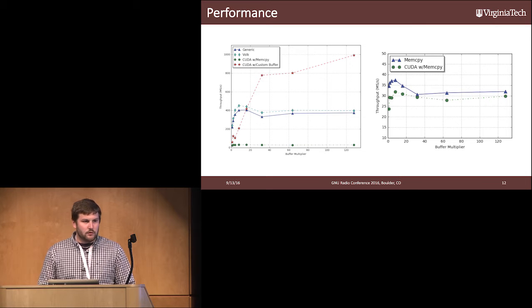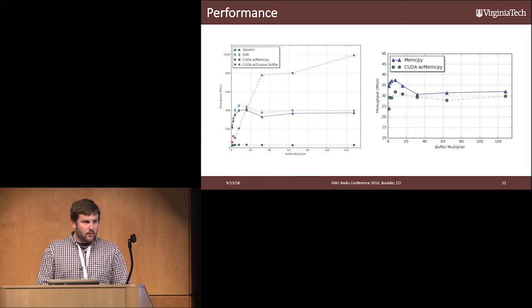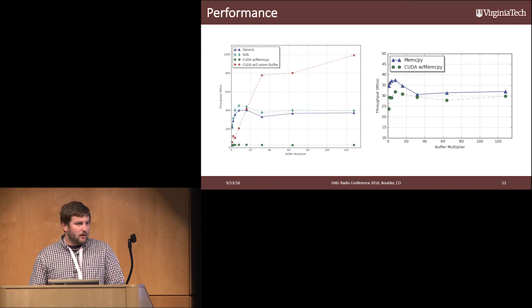In this situation, you're dealing with a very small buffer size, which means you have a much higher number of kernel launches in order to execute for a given time. So as you increase the buffer size, you're cutting down on that overhead significantly.